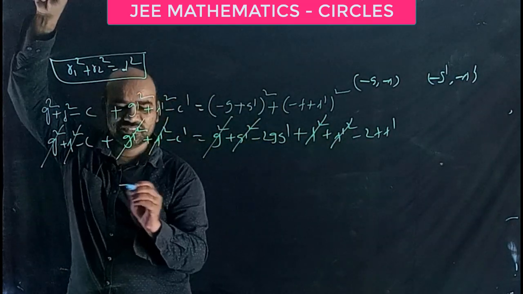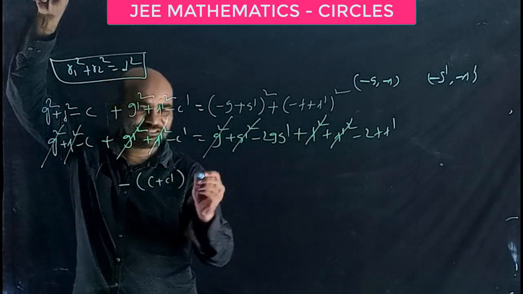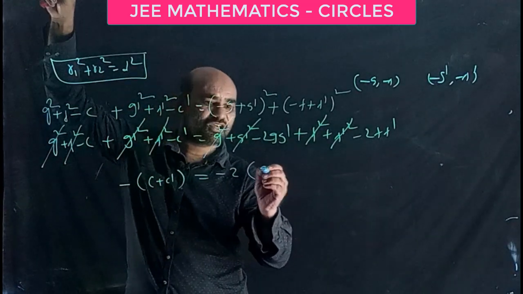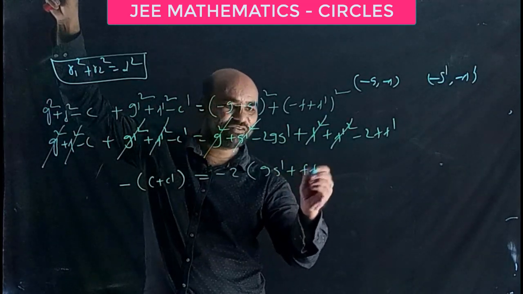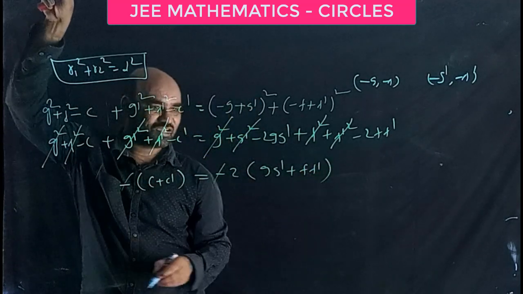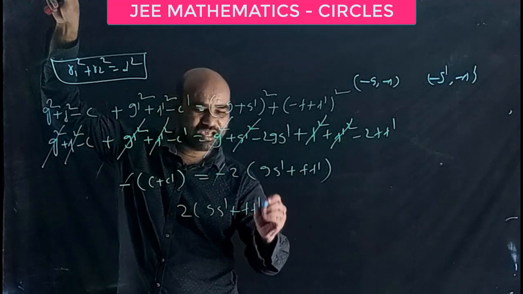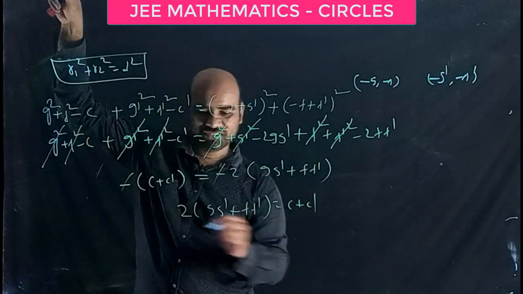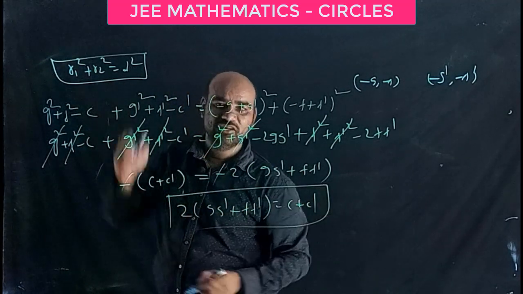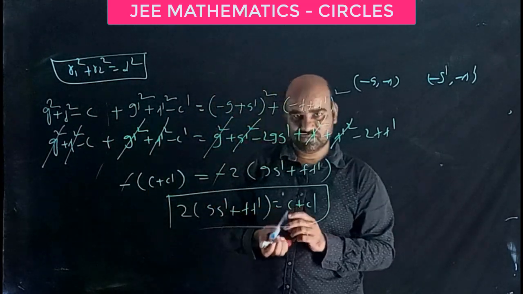What is left with us? Minus of c plus c dash equal to minus 2 times of g g dash plus f f dash. So the minus gets cancelled. Finally, 2 times of g g dash plus f f dash equal to c plus c dash. By using this result directly you can solve some such problems.